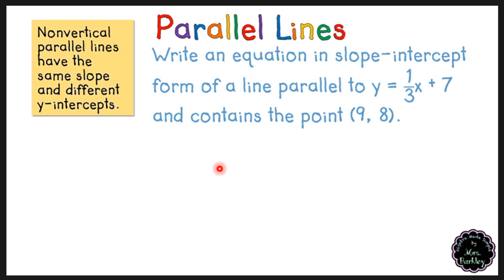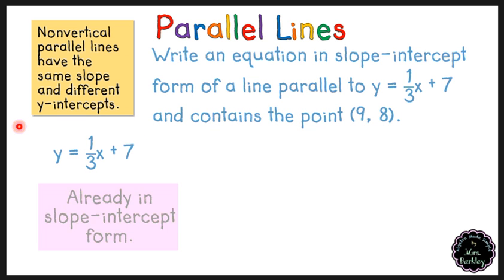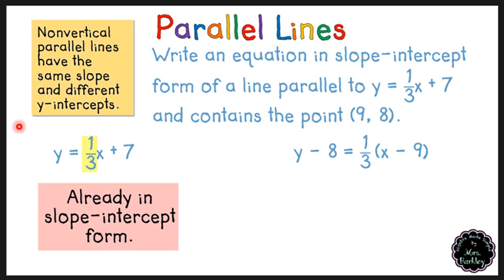In the second example, write an equation in slope-intercept form of a line parallel to y equals 1/3 x plus 7 and contains the point 9, 8. So this equation is already in slope-intercept form, so we can recognize that our slope is 1/3. So when we substitute our values into point slope form, the equation would be y minus 8 equals 1/3, and in parentheses x minus 9.